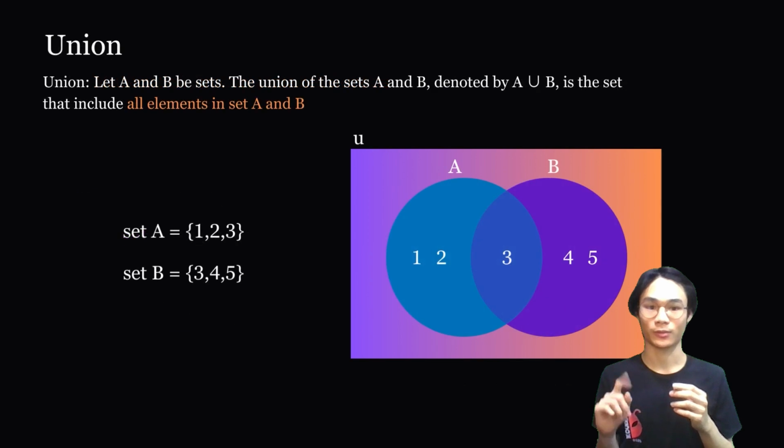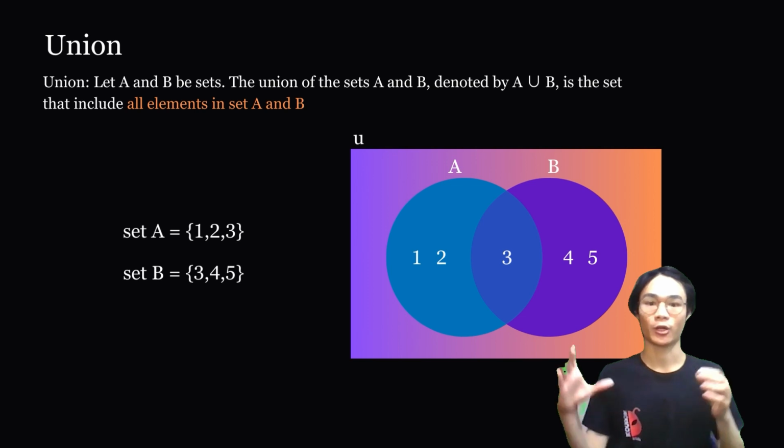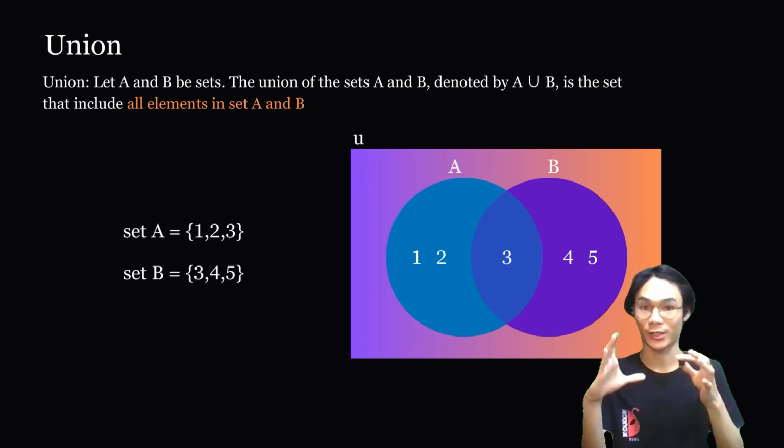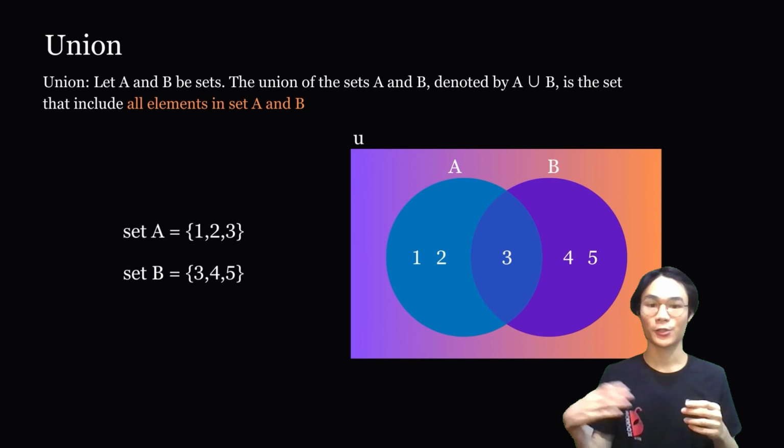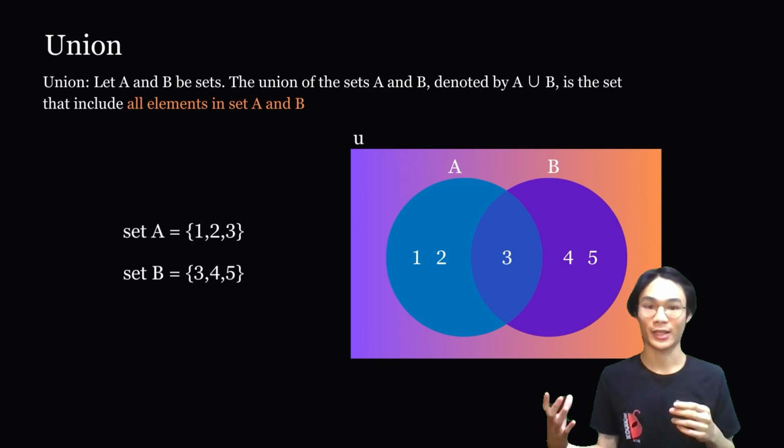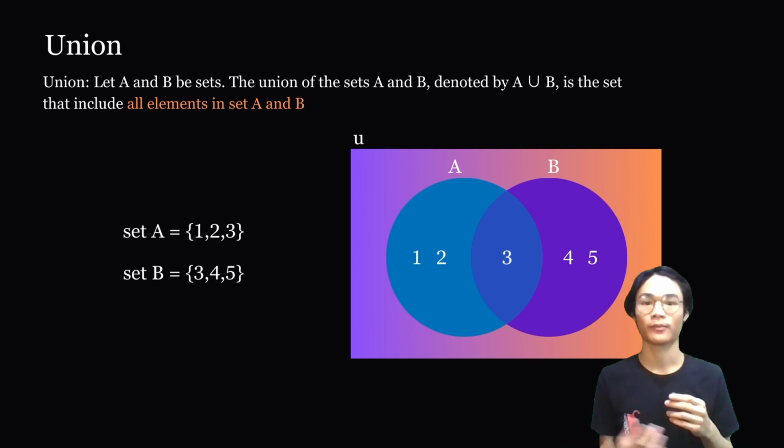Let's look at the first one. The first operation is union. Union is basically the way that we combine two sets together. Let's look at the example. We have A, a set that includes 1, 2, and 3, and set B that includes 3, 4, and 5.